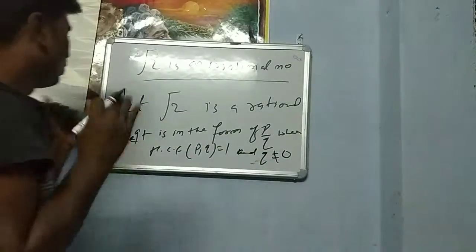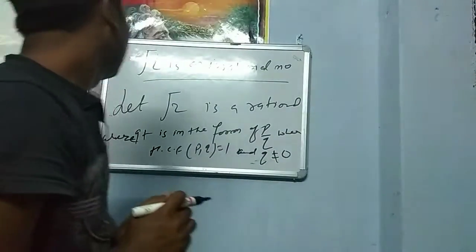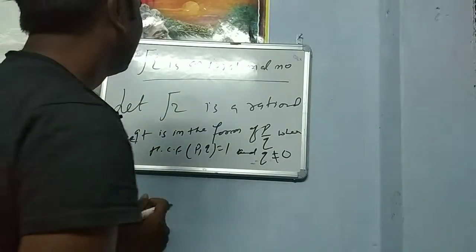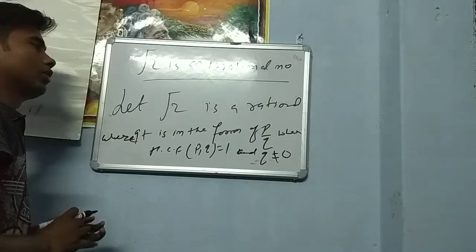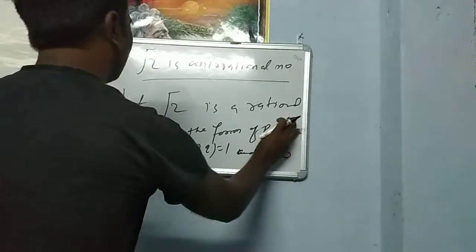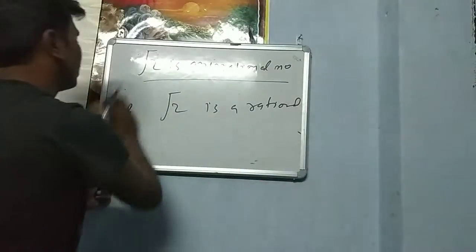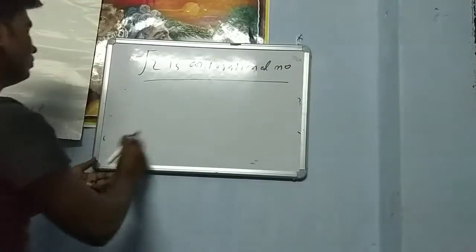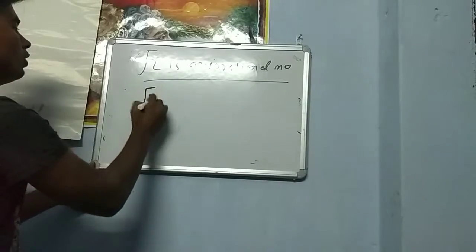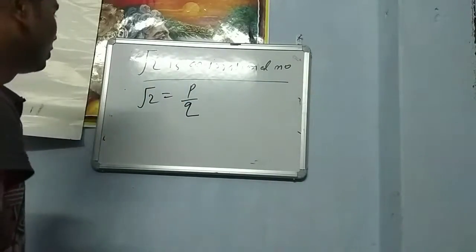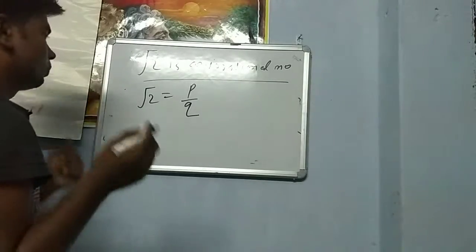Again, we assume root 2 is a rational number where it is in the form of p upon q, where HCF of p and q is 1 and q is not equal to 0. So root 2 is equal to p upon q, because we considered it as a rational number.